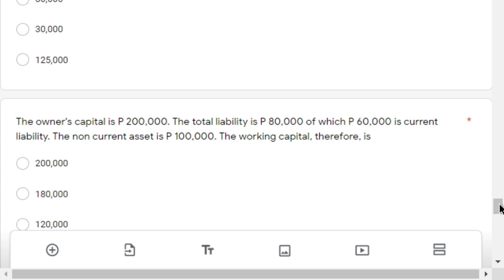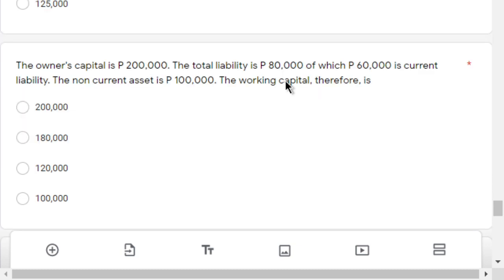Next is the owner's capital is 200,000 pesos. Total liability is 80,000, of which 60,000 is current liability. The non-current asset is 100,000. So ang question natin dito is the working capital.